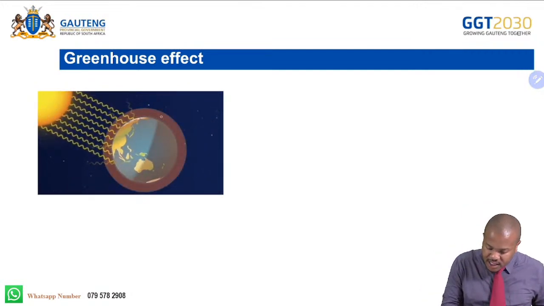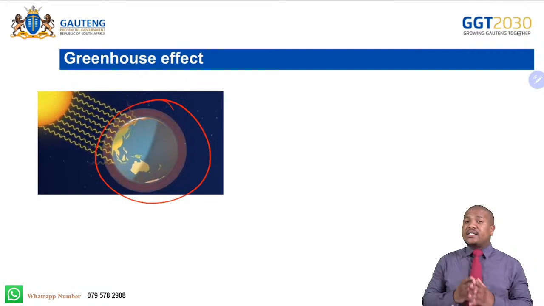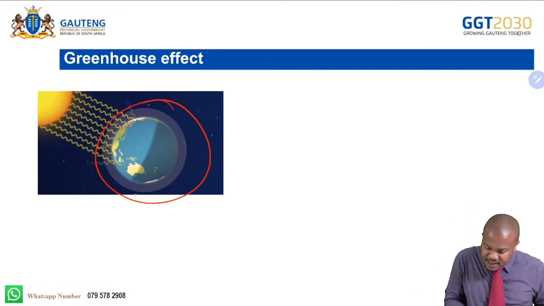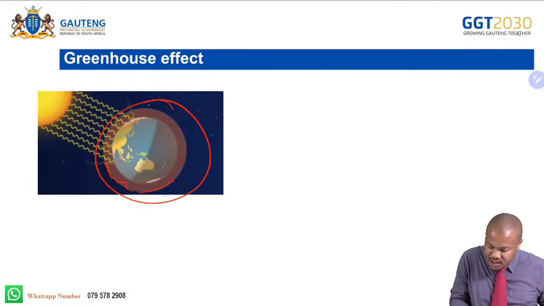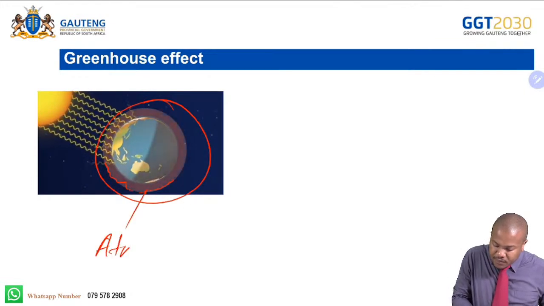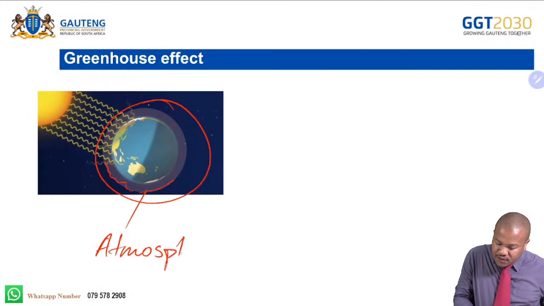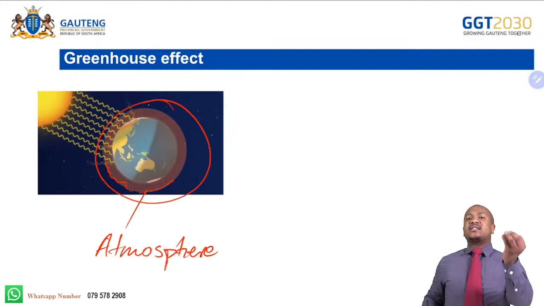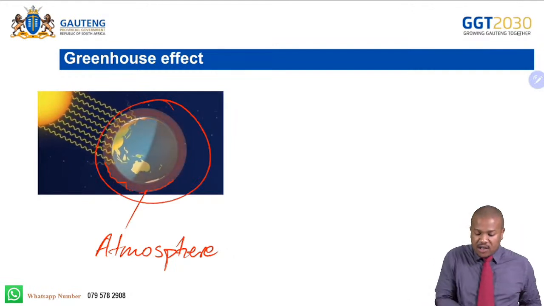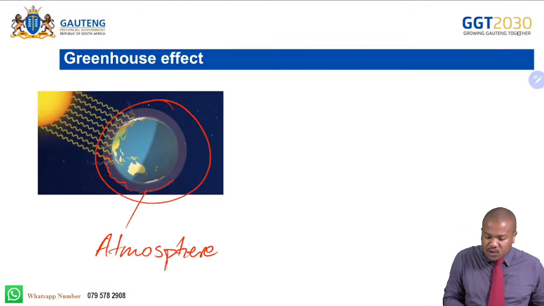Here is our planet Earth. As you can see around Earth, we find what? The layer of gases, which is the atmosphere. So during insolation, as the sun hits the Earth's surface, what happens?